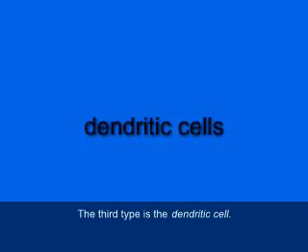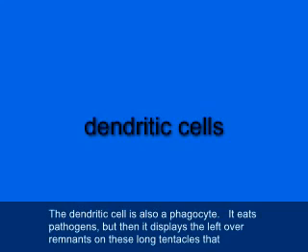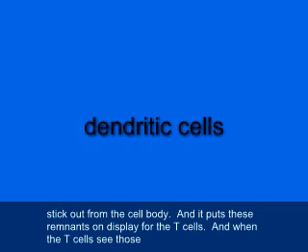The third type is the dendritic cell. The dendritic cell is also a phagocyte. It eats pathogens, but then it displays the leftover remnants on these long tentacles that stick out from the cell body. And it puts these remnants on display for the T cells.